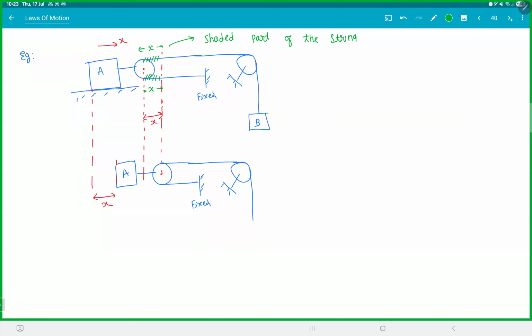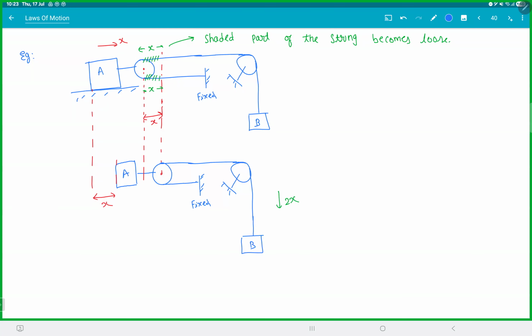If A actually goes forward, it has to become loose. But tell me one thing, can the strings ever become loose? The strings cannot become loose. That means whatever you lost, someone should take it. The only one who can take it must be B. That means B must have gone down by 2x. Is that logic making sense, everyone?